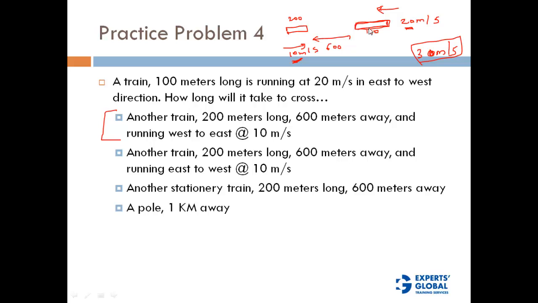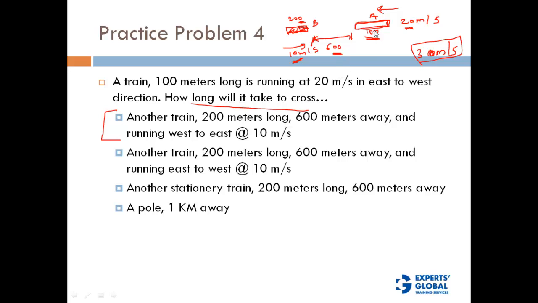So with respect to train A, train B is traveling at 30 meters per second, and how long will it take to cross this entire train? Before even crossing this train it will have to travel 600 meters. So the total distance that this train has to cover is its own length plus the length of this train plus the distance in between, right?